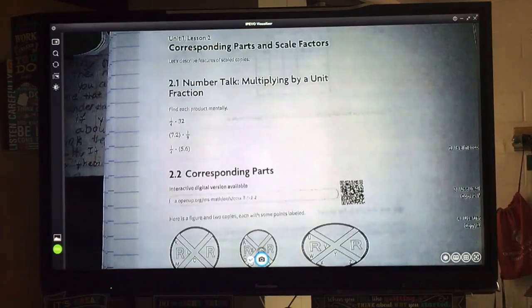So for the first one, 1/4 times 34, what was your strategy and what was your answer?